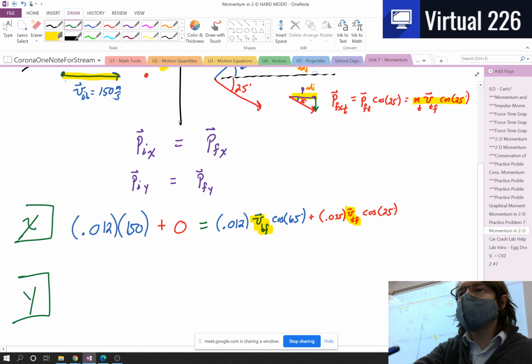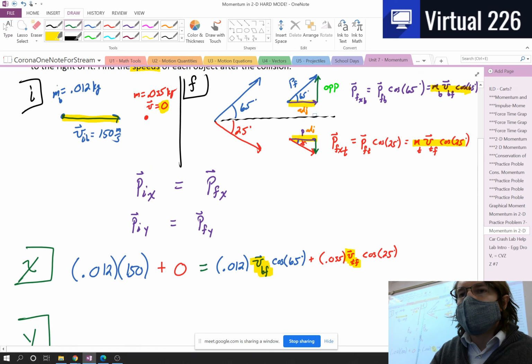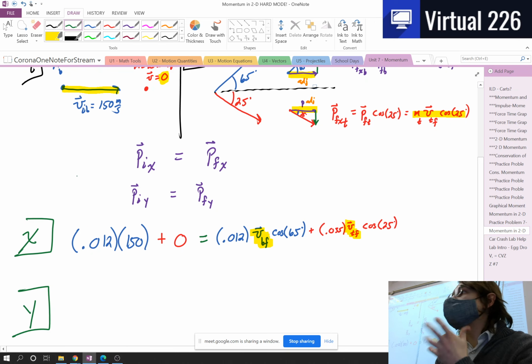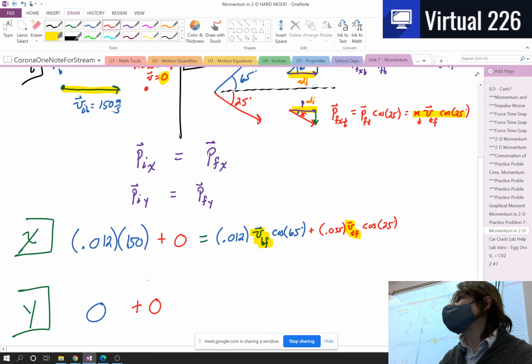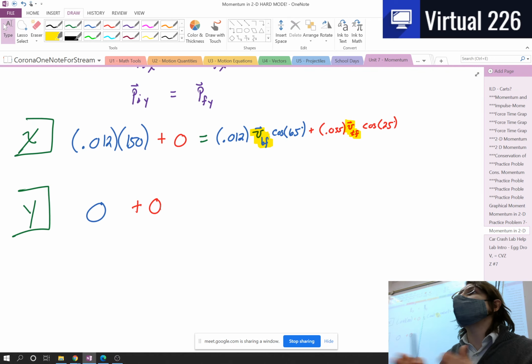So if we look initially at our picture, nothing here is going up or down. That bullet is only going to the right, and the tin can wasn't even moving. So our initial momentums in the y direction are 0 for the bullet plus 0 for the tin can. The bullet was moving left and right. It wasn't moving up and down. So there's 0 y momentum for the bullet. Tin can wasn't moving, so it gets a 0 as well.